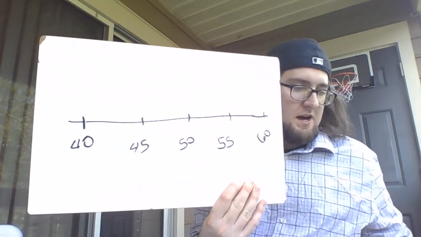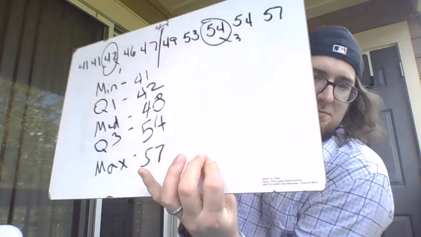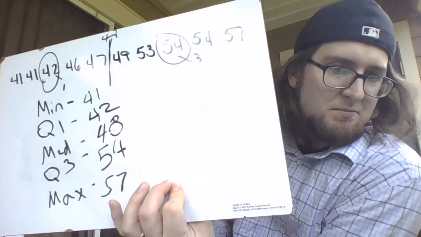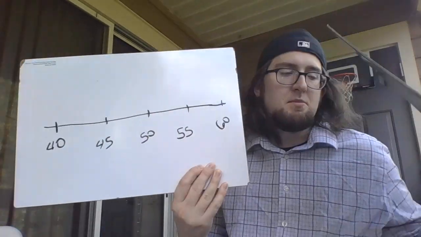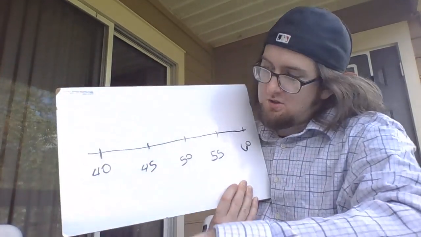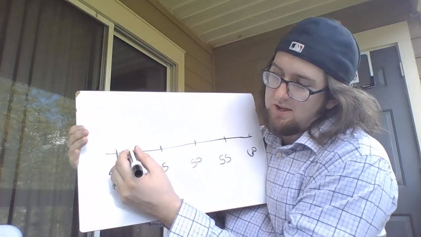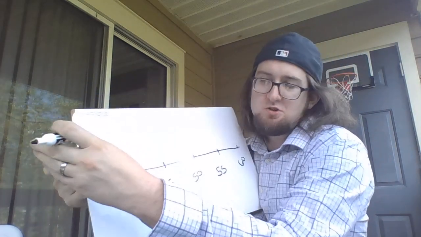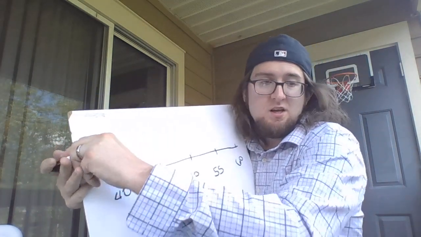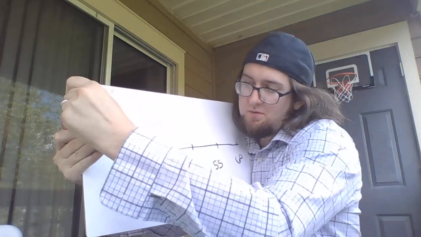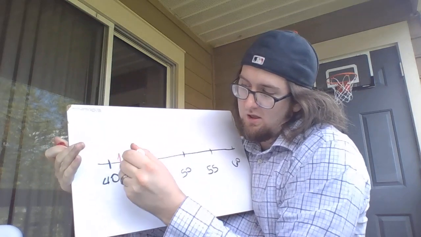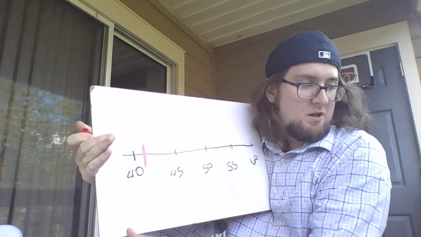And then we're going to use our 5-number summary. So at each of these numbers on the 5-number summary, we're going to draw a line. So we're going to start at our minimum, 41. So we'll go to 41. That's about right here. I'm going to use a different color because I'm going to draw the box and whisker right on our scale. So our minimum is 41. So there's about 41.